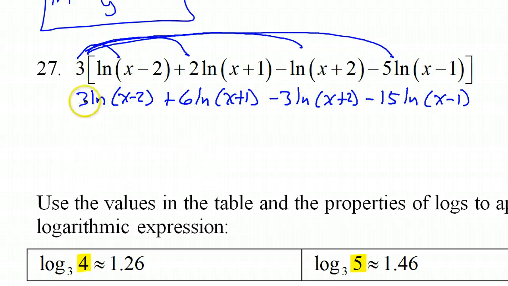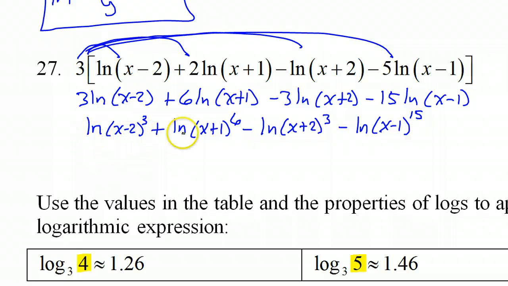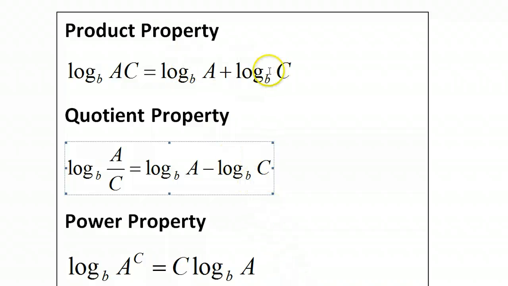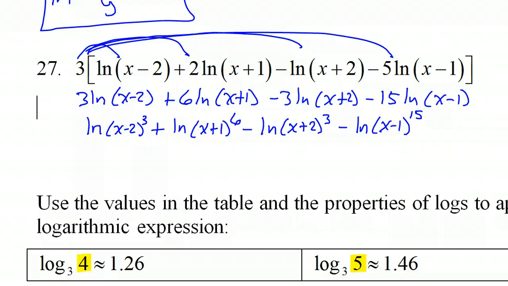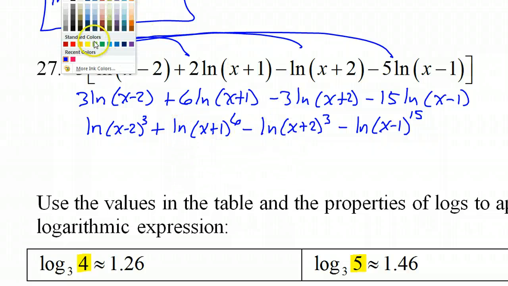Okay, now all of these coefficients are going to pop over and become exponents. So that gives you this. Now I'm going to use a combination of the product rule and the quotient rule to clean this up. Alright, I've got addition and subtraction, but the way to think of it is every term here that is positive is going to contribute a factor to the numerator.